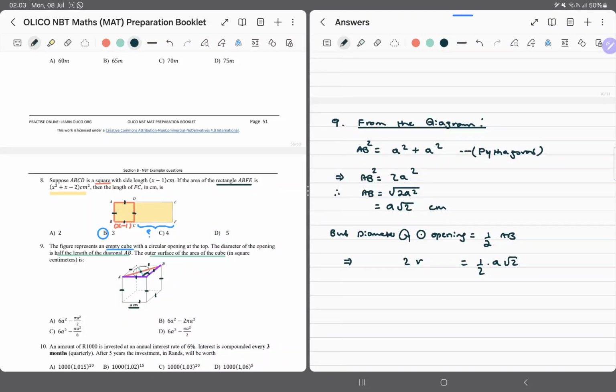So we then divide by 2, therefore we can see that r is going to be a quarter of a root 2, or we can just write it as a root 2 over 4.